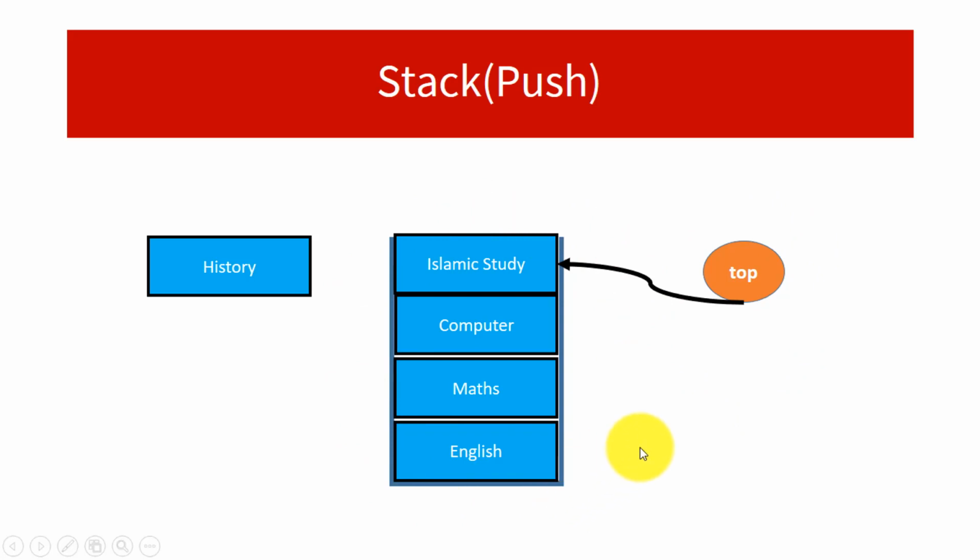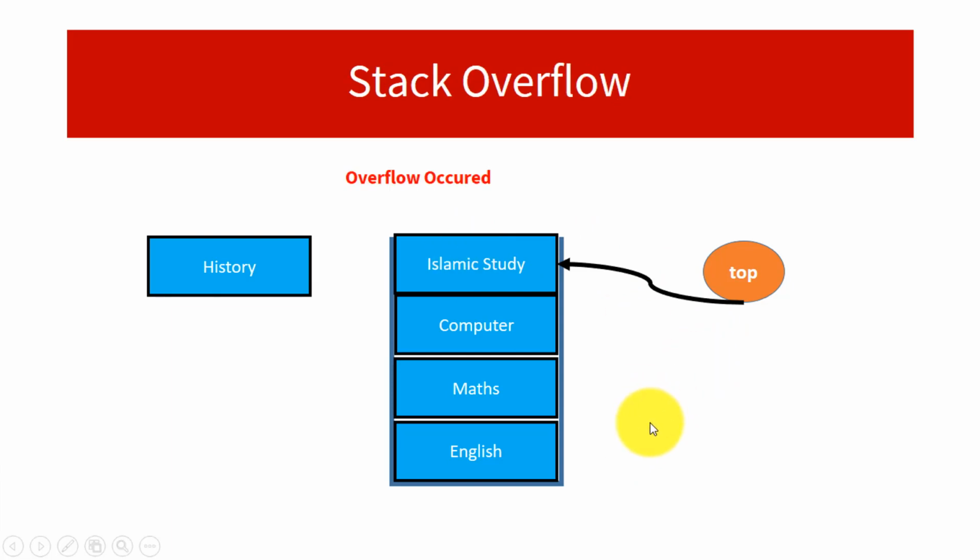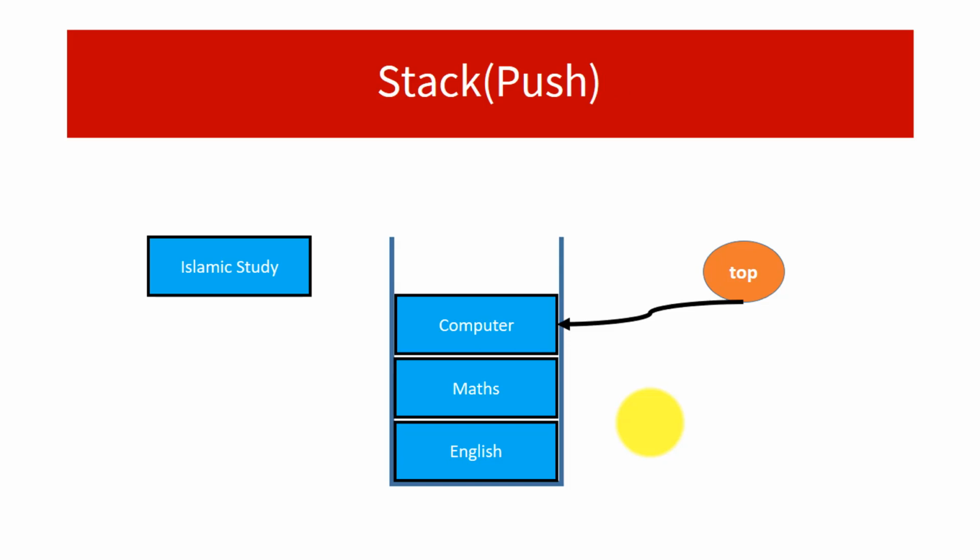and if we want to remove an item, which is called the pop operation, we have to remove the element from top of the stack. So if we want to go back, for example, this is overflow occurred, and now if I want to remove from the stack the last element we inserted, it has been removed, Islamic studies. Now if we want to remove again from the stack, can you guess which book has to be removed?